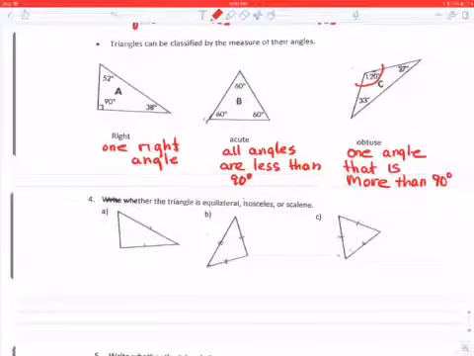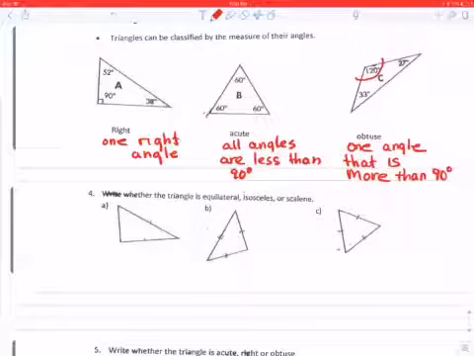So we want to tell whether the triangle is equilateral, isosceles, or scalene. So in the first triangle, all the sides are different lengths. So we'd say that's scalene.